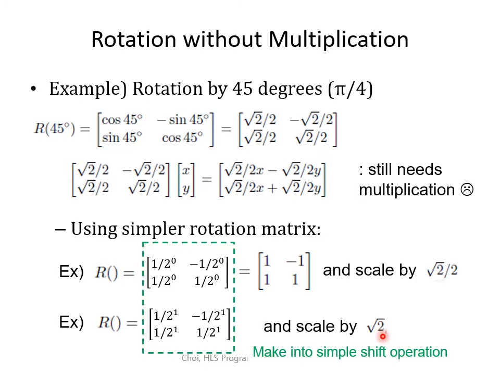So the point I want to make is that we want to make the constant multiplication a power of 2 so that it will become a simple shift operation, and scale it by some factor at the end of computation. All right, so let's try to generalize it in the next slide.